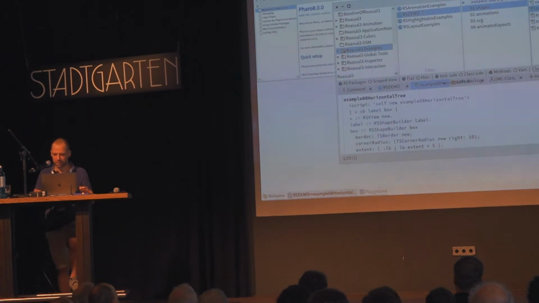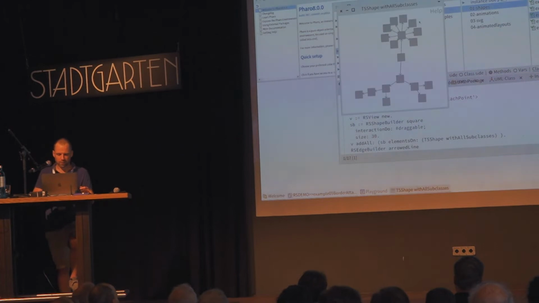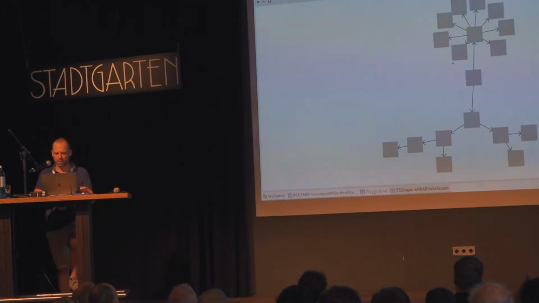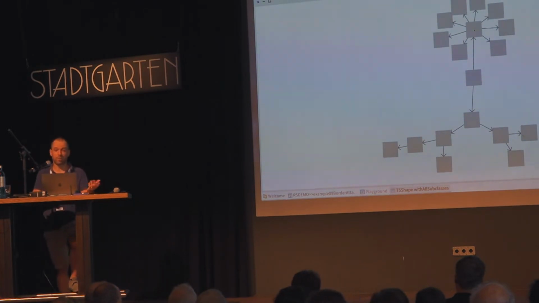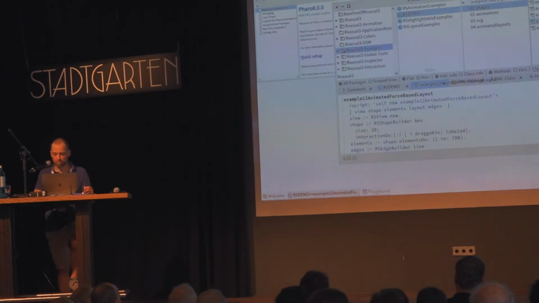And also we are using the work that Cyril has been doing on the geometry packages, where you see all those arrows that are really closely following the border of the elements. So it's very smooth. It really works well.